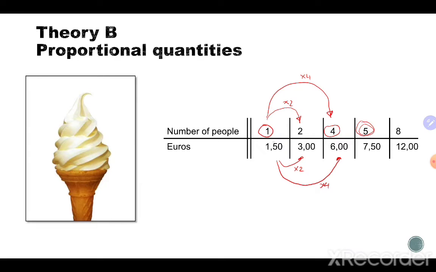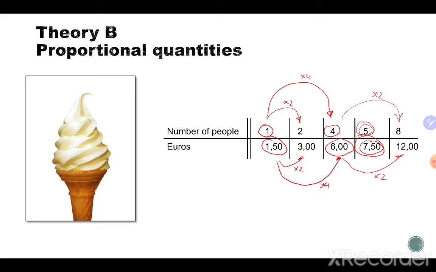And with the price, for one ice cream it was 1.50, for 4 of them it is €6, so for 5 you pay €7.50. And the last one: if I have 4 and multiply this by 2, then the price is multiplied by 2. So that's proportional quantities.